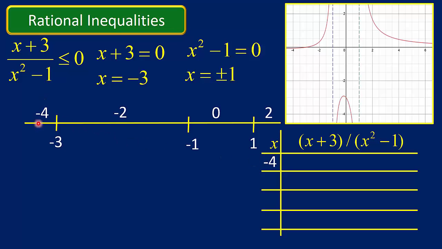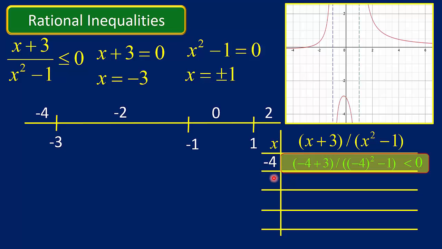So I've got this test value over here, -4. I plug it in and I get -4 plus 3 over -4 squared minus 1. Well, this top is negative. The bottom is positive. So that means that I get a negative. I get something less than 0. So that's part of my solution region.